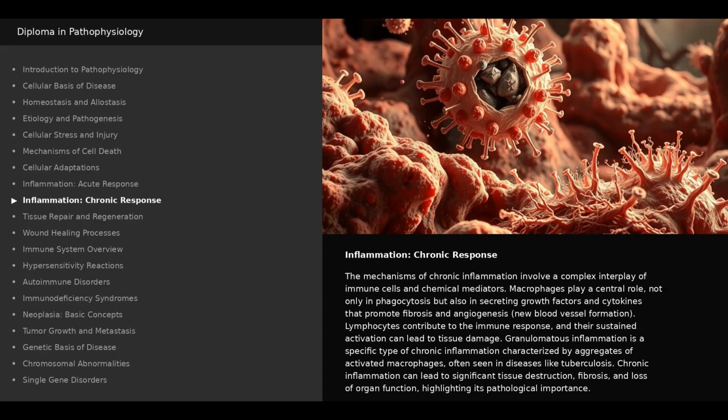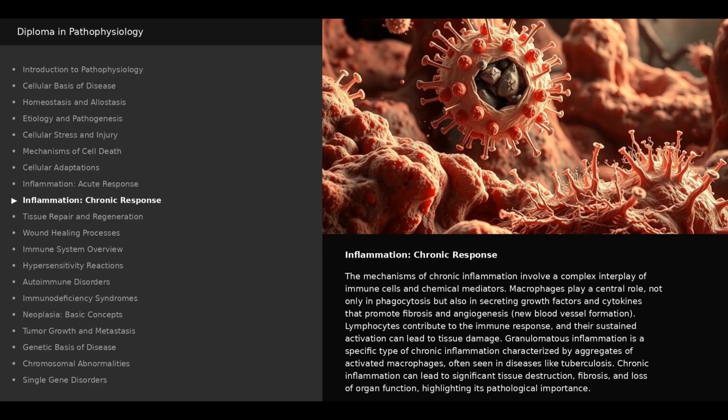The mechanisms of chronic inflammation involve a complex interplay of immune cells and chemical mediators. Macrophages play a central role, not only in phagocytosis, but also in secreting growth factors and cytokines that promote fibrosis and angiogenesis, new blood vessel formation. Lymphocytes contribute to the immune response, and their sustained activation can lead to tissue damage.